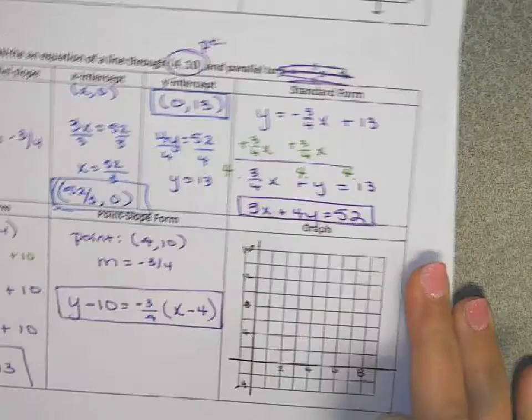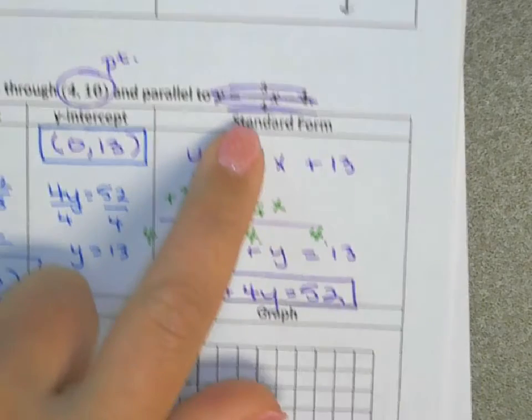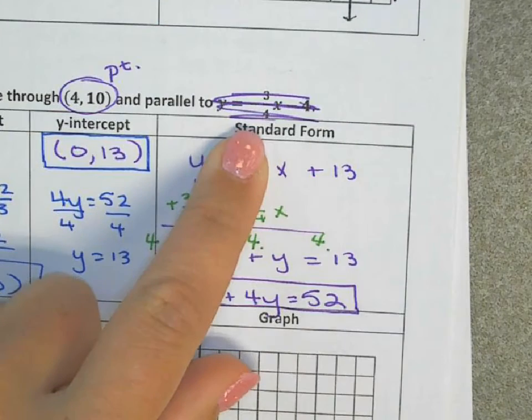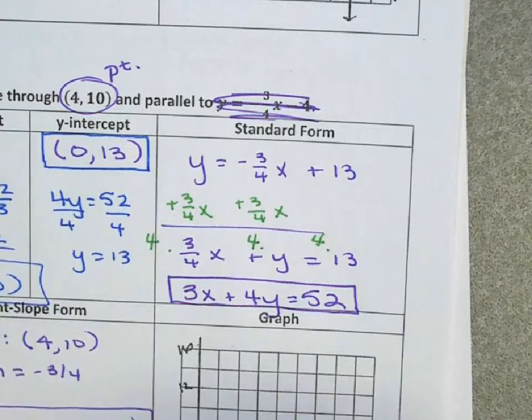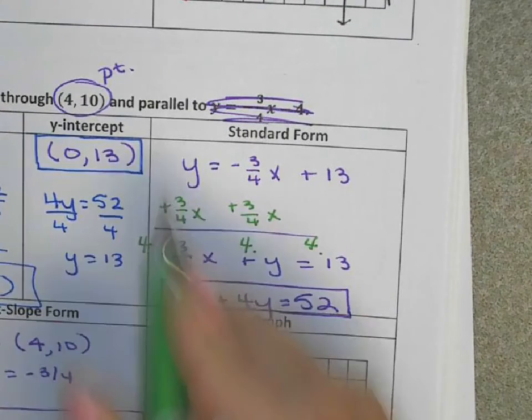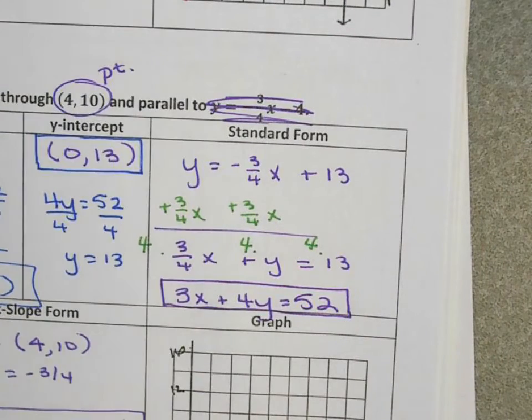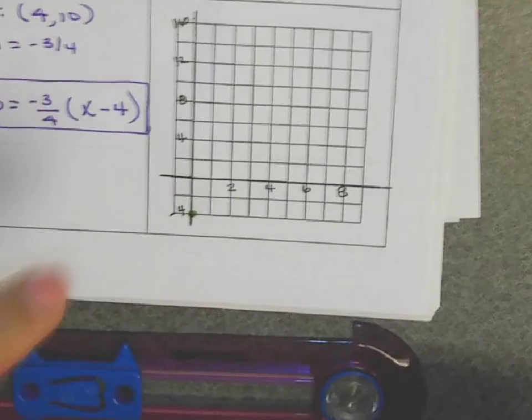And sometimes people like to graph the original equation that they had, the one that we crossed off that we forgot about. Some people like to graph that and then find the parallel one. Some people like to do the graph first because it makes sense to them. So this first one was, oh, I guess I did a terrible job for graphing this one. It would have been at -4. (0, -4) for that first point.